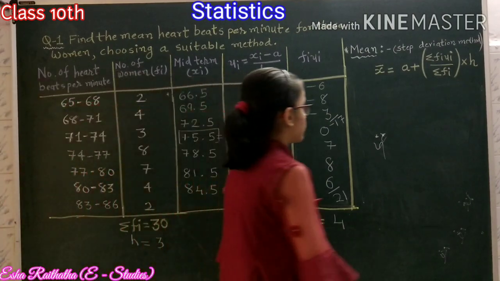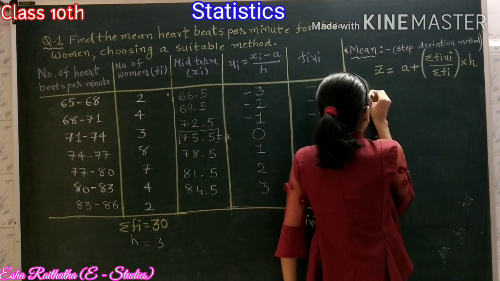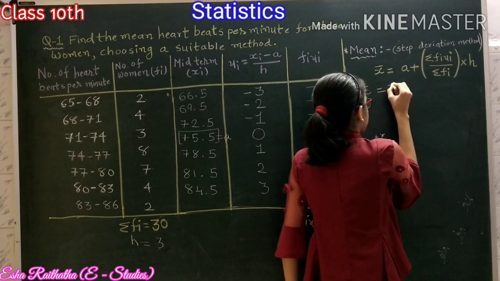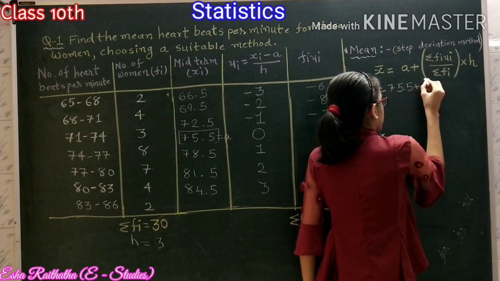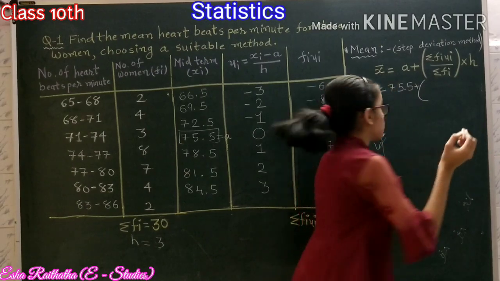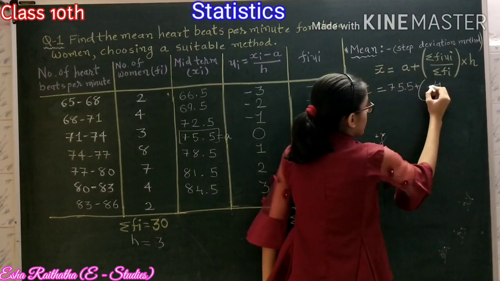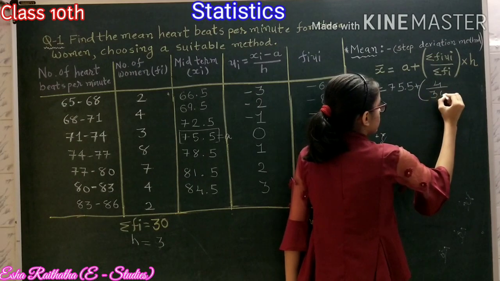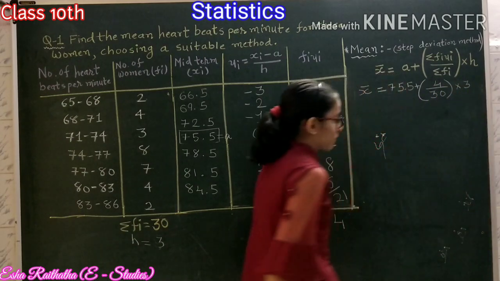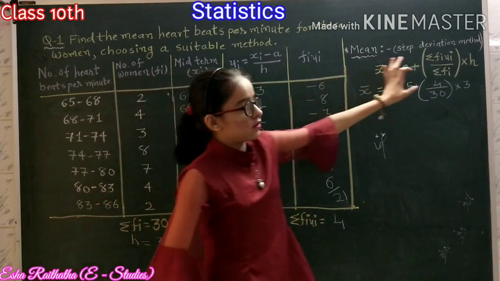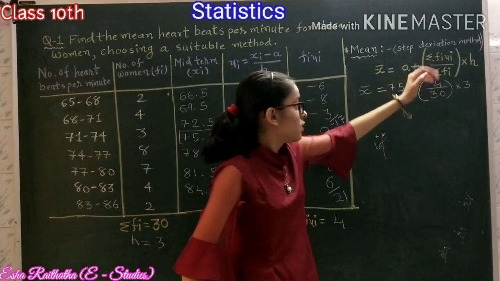So let's do it. x bar is equal to 75.5 plus, putting in the values, 4 upon 30 into 3. We have put in all the values according to the formula.